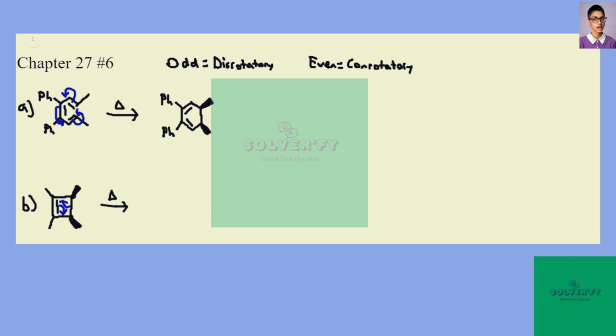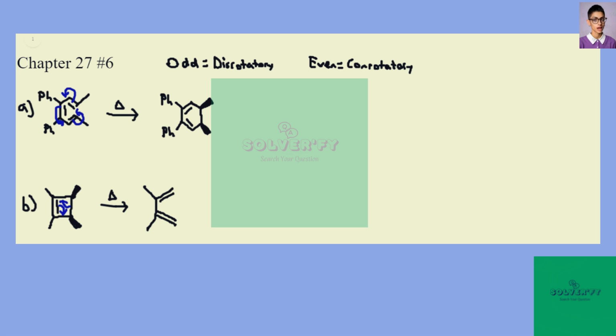And so our product is going to look like this. That hasn't really changed. Then we have a double bond here where formerly we had a single bond, and we have a double bond here where we also formerly had a single bond.